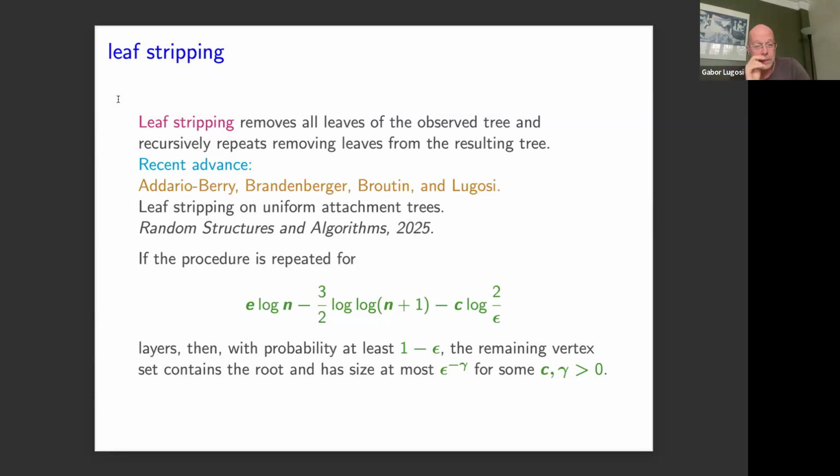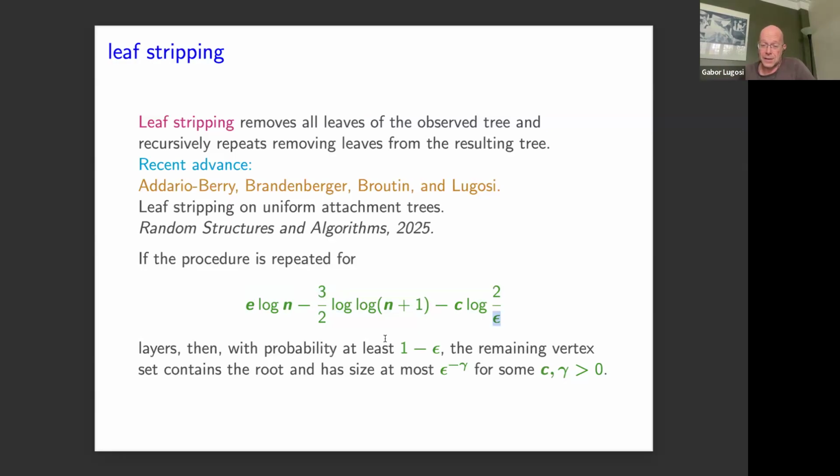Recently we analyzed this, and what we could prove is that actually this works, but not optimally. If you keep removing these layers until you remove about e log n, which is the height of a uniform random recursive tree, so we have to stop a little bit before that, but not much before that, then we will only have a constant number of vertices that depends on epsilon.